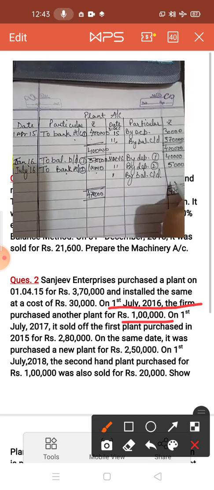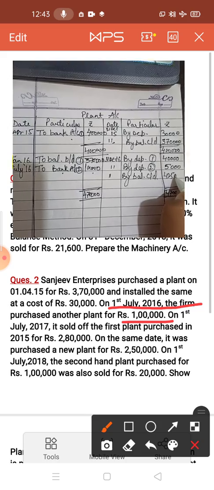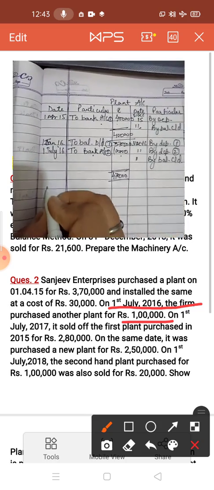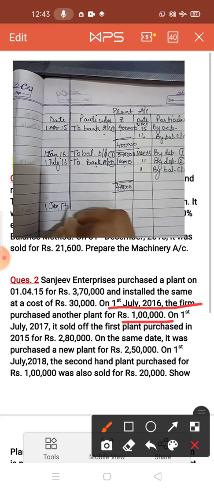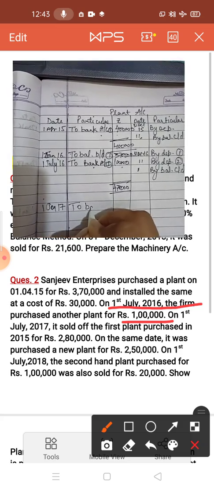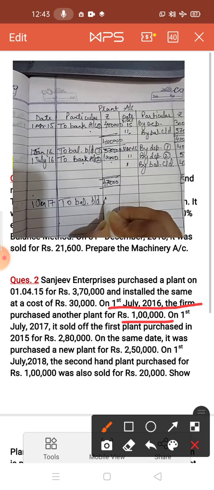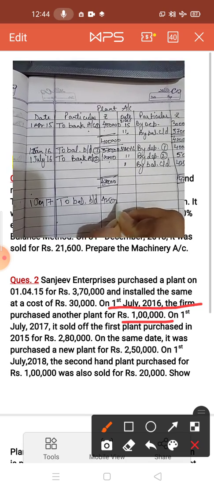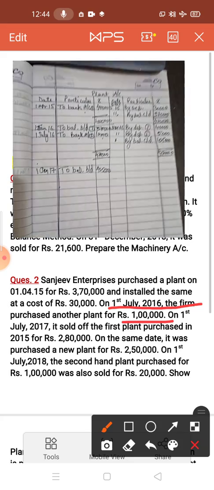It is 4,25,000. Now this balance you have to bring down on 1st January 2017 to balance brought down. The amount is 4,25,000. This is the balance of two plants together.